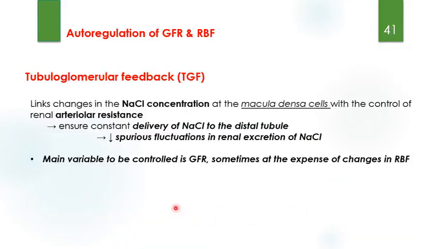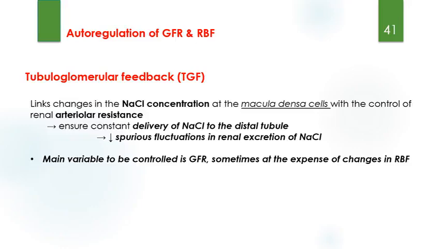So the tubuloglomerular feedback links the sodium chloride concentration at the macula densa cells with the control of arteriolar resistance and ensures constant delivery of sodium chloride to the distal tubule and prevents spurious fluctuation in renal excretion of sodium chloride, because if the sodium chloride that is delivered to the distal part is increased, it may increase the excretion of this substance.